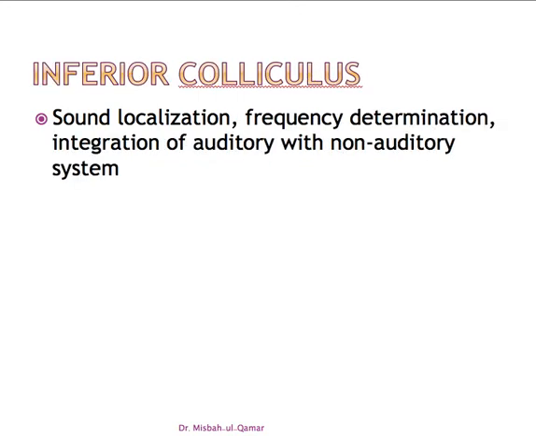Right. So moving on to inferior colliculus, which is present in midbrain. The inferior colliculus helps in sound localization, frequency determination, and the integration of auditory with the non-auditory system.